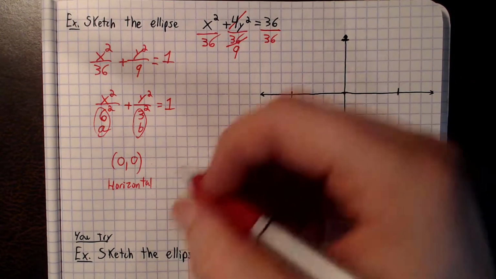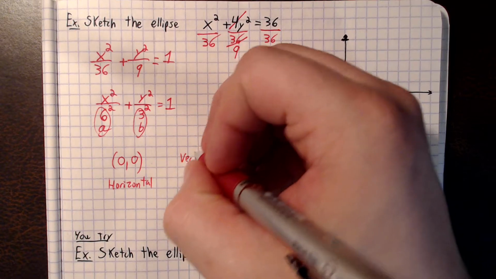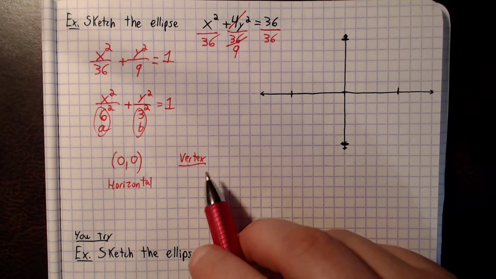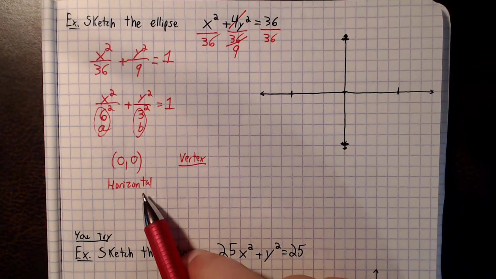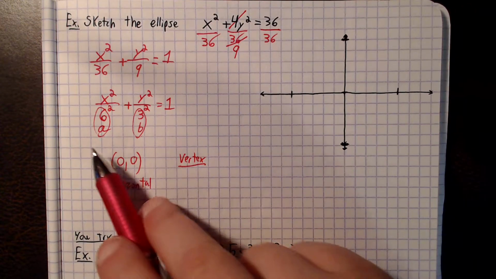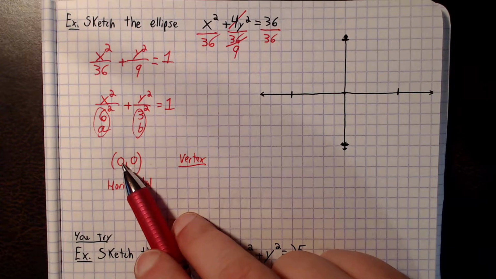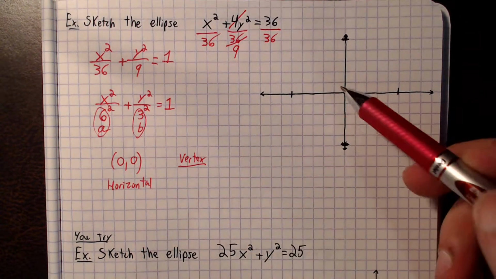All right, we've got our center. Let's talk about the vertex. The vertex is going to be A units away from the center, and it's going horizontally, which means that everything is changing in the direction of x. So I've got to add 6 in both directions.